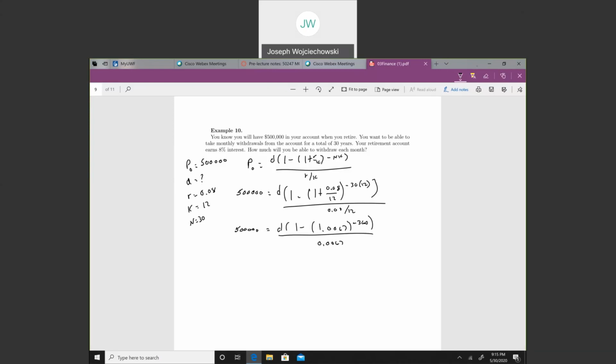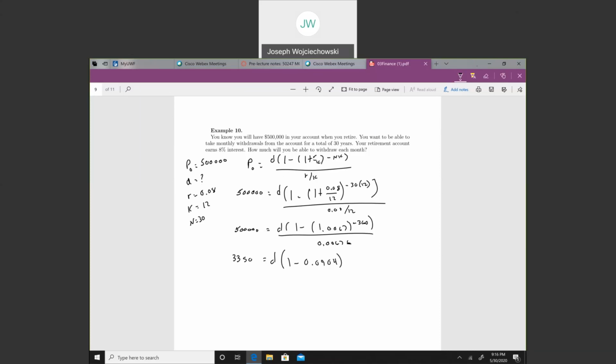So let's go ahead and multiply by that. You get 500,000 times 0.0067, which gives me 3,350 equal to D times 1 minus 1.0067 to the negative 360, which is 0.0904.